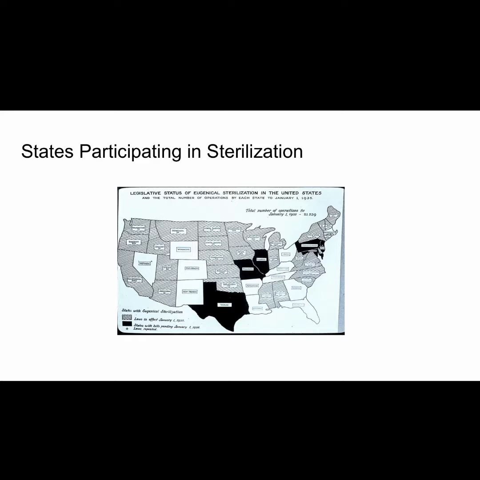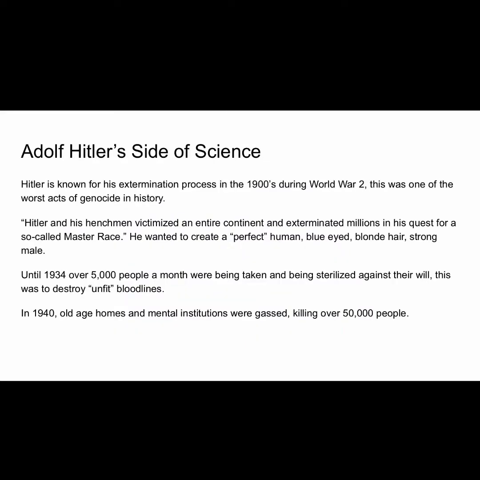The black states are represented when there are laws being passed currently but are not passed yet. These numbers are from January 1st, 1935. As you can see, California still holds the largest number of sterilized humans with almost 10,000 people sterilized.